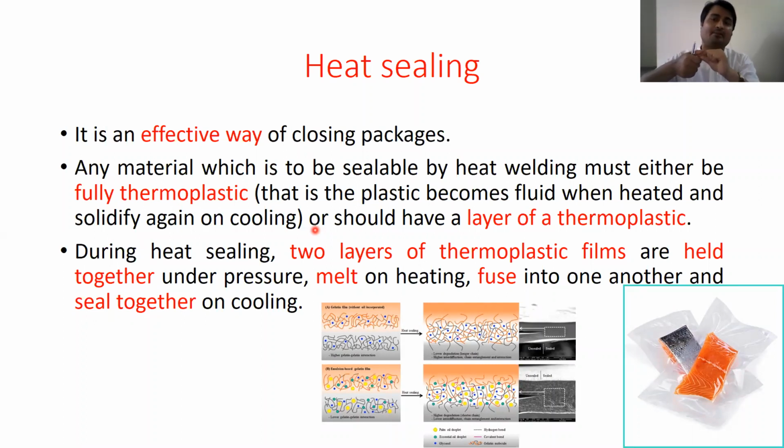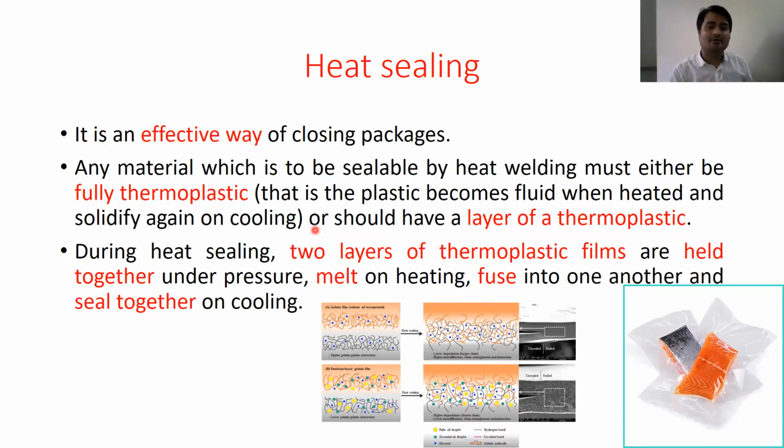At the same time, when the pressure is applied, we also apply heat. Why are we applying heat? To melt the packaging material or thermoplastic material. If we apply heat, it will melt and fuse with each other.